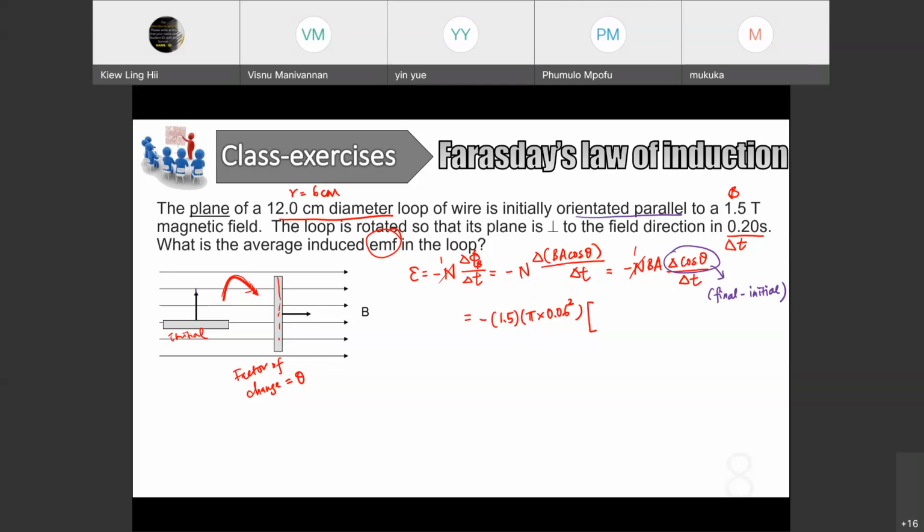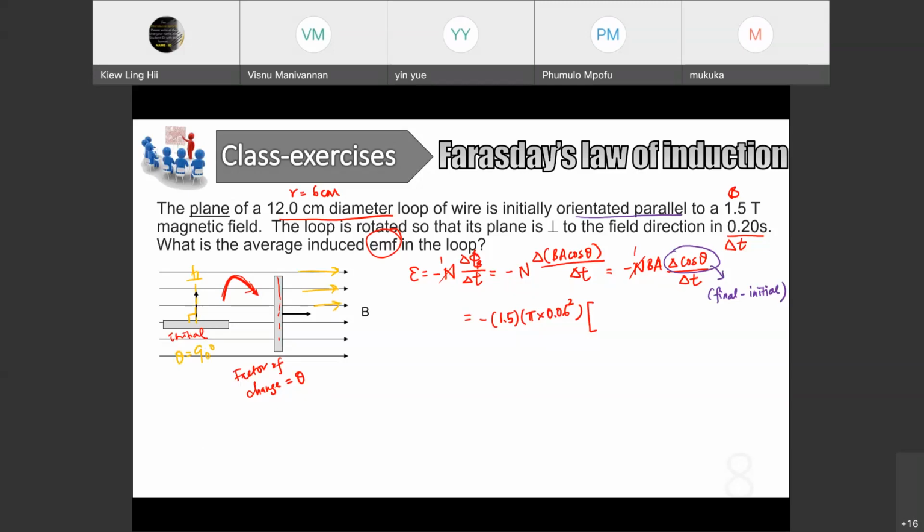Oh, sorry. Yeah, this is your normal line. Correct. So the angle between your normal line and your magnetic field, now the magnetic field is horizontal like this, moving to the right. So your angle is 90 degrees.